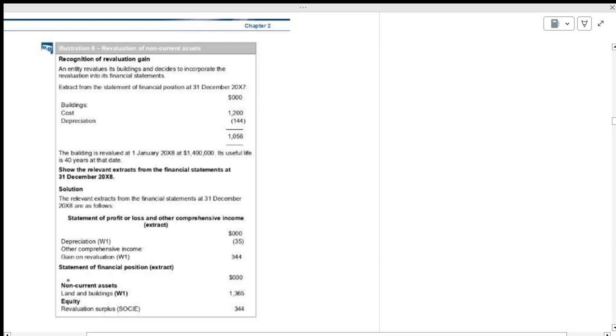A small question is given. An entity revalues buildings and decides to incorporate the revaluation in the financial statements. The building cost is 1,200. Depreciation is how much? The building is revalued to 1,400. Useful life is 40 years.